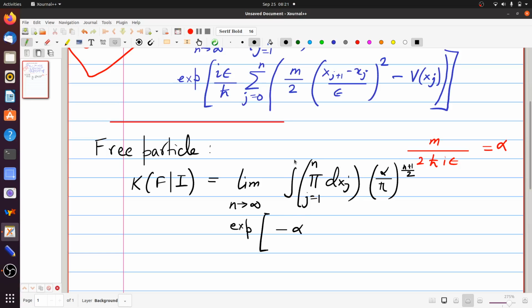Minus simply because here you have an i in the numerator, whereas our definition of alpha has i in the denominator. So that's minus alpha summed over j equals 0 to n of x_{j+1} minus x_j whole square.